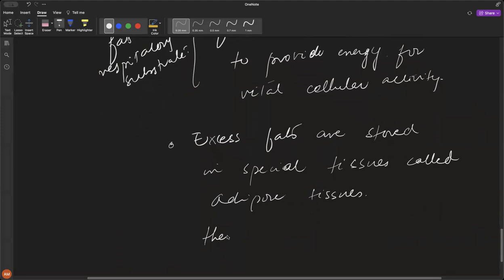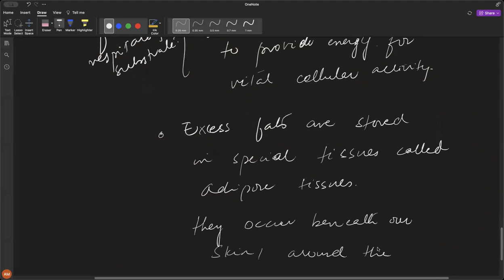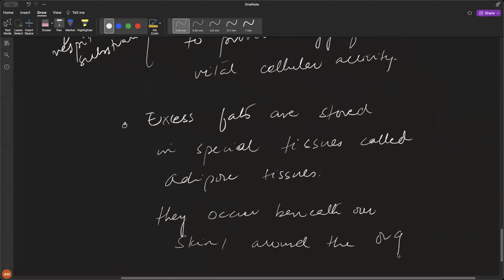They are basically found beneath our skin, around organs, especially the heart, liver, kidneys.